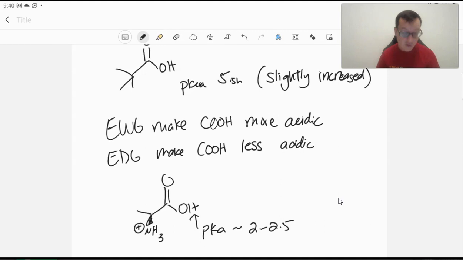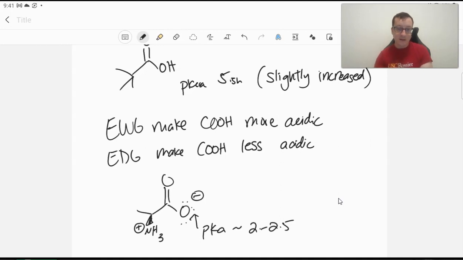So in physiological conditions, you'll often see these as carboxylates. So in amino acids, you have positively charged amines and negatively charged carboxylic acid groups, just because of the conditions nearby. Because the nitrogen bit there is electron withdrawing, it's going to help stabilize your carboxylate.